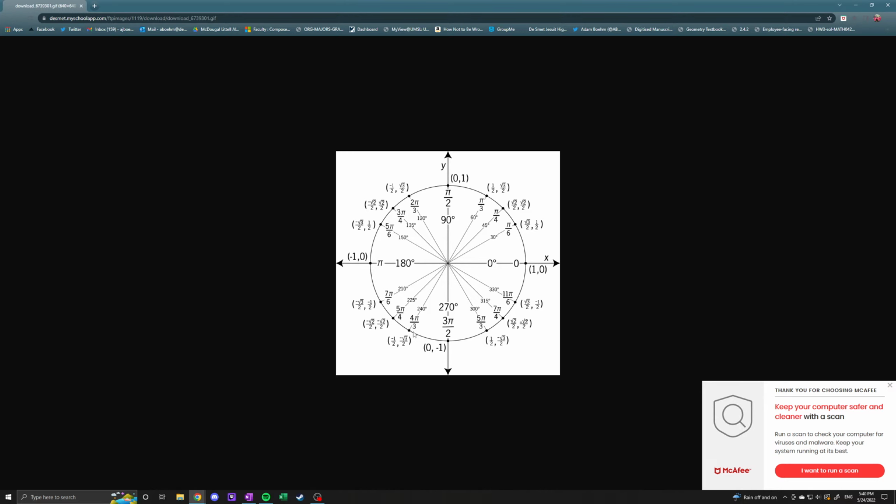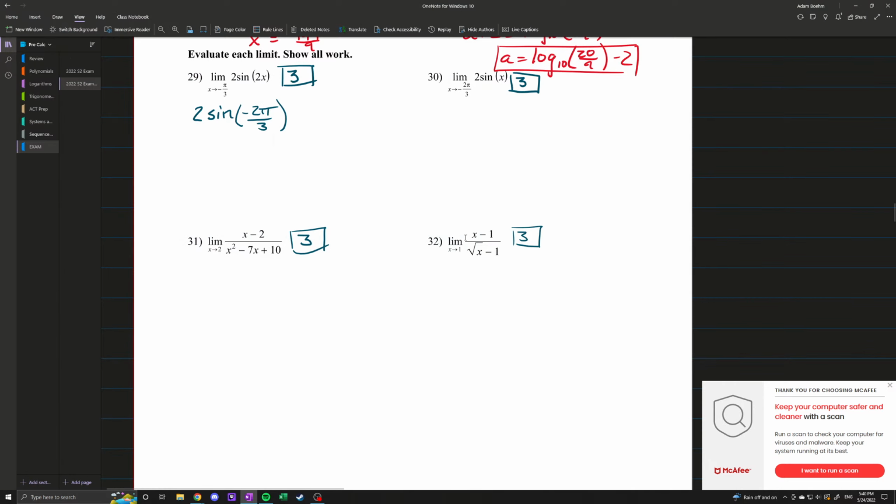Sine of negative 2 pi over 3 is negative radical 3 over 2. So then our answer is just negative radical 3.